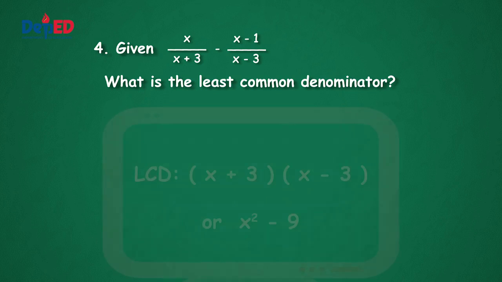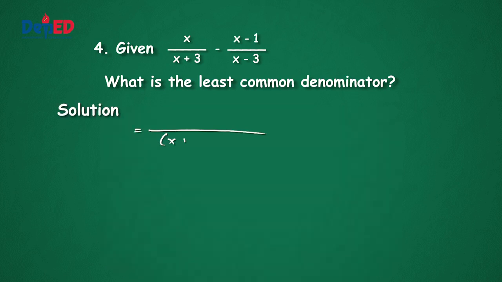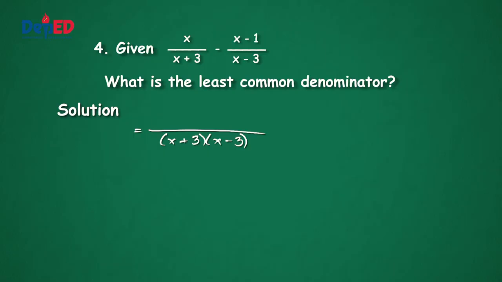Then simplify the previous expression by subtracting. We have identified the LCD as the product of x plus 3 and x minus 3. So we will multiply the numerators by the respective factors. What could that be?